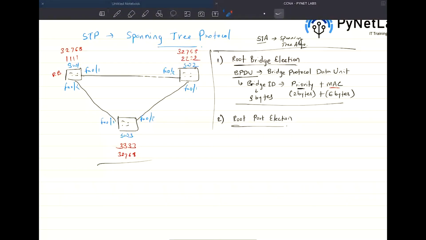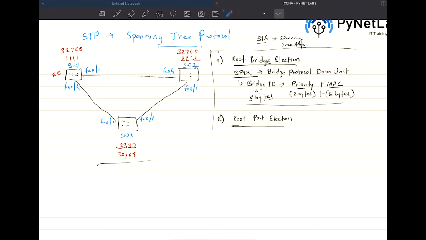And this switch 2 and switch 3 need to elect one root port. You need to have a root port on each and every switch that is participating in this STP election. And which interface of switch 2 will be the root port? That is a question now. And also which interface of switch 3 will be the root port?